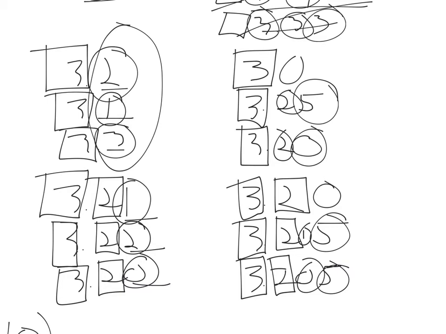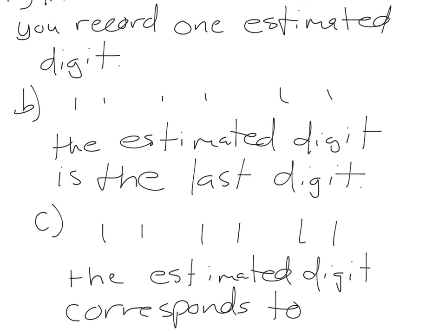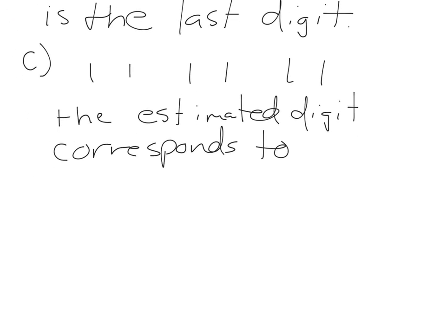And ruler C, these estimations are the hundredths place, but when you look at ruler C, it didn't have markings at the hundredths place, it had markings at the tenths place. So ruler C had one more place than what was marked on the ruler. Our reported measurement was one more digit than what was on the ruler.